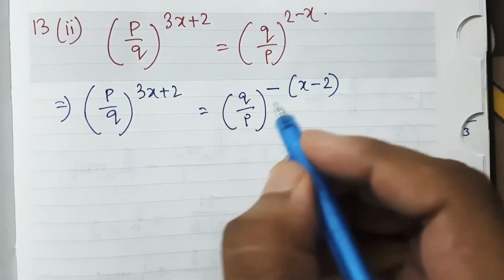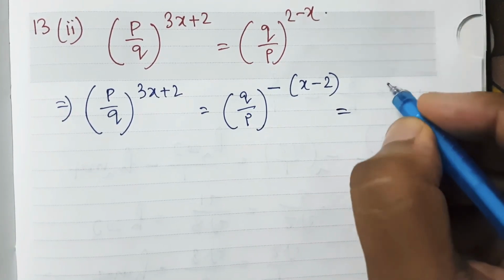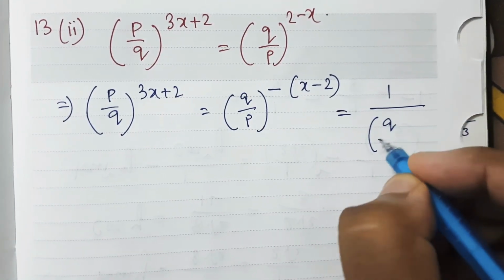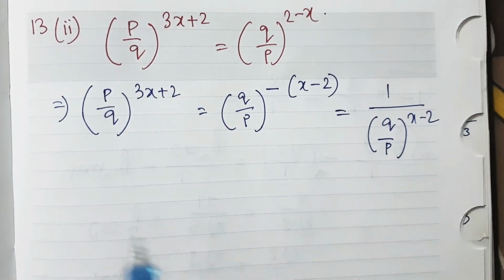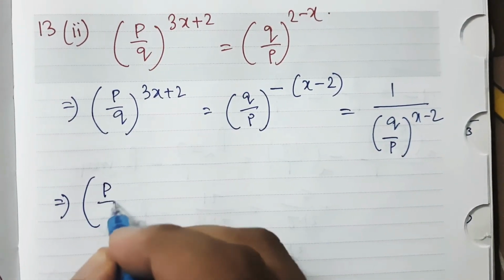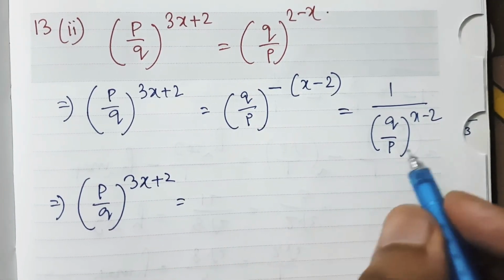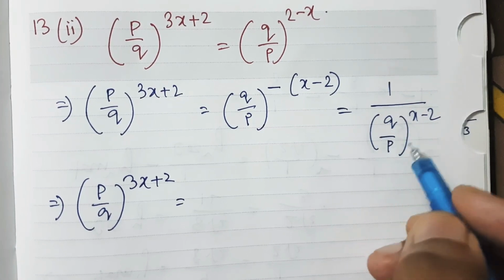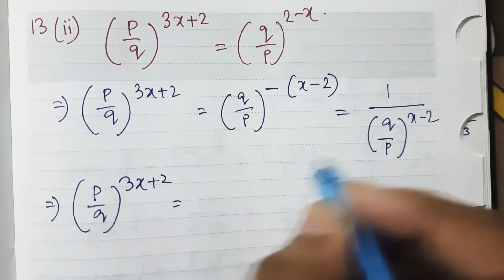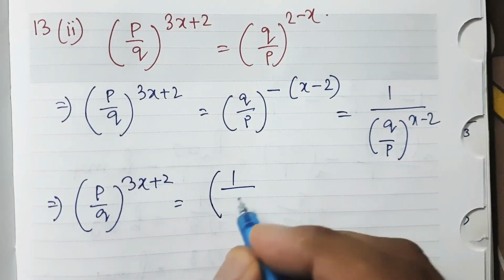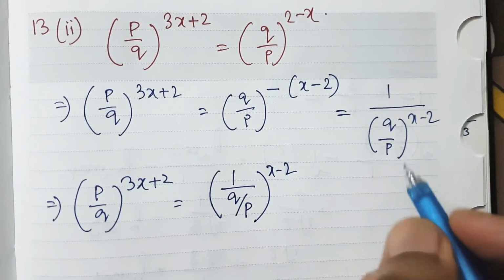Now this is a negative exponent because this minus is present. So by the formula you can write that 1 by (q/p) whole to the power x minus 2. Again this left hand side is same. Now for this term, think by yourself that if I write 1 by (q/p) whole to the power x minus 2, can we write that?